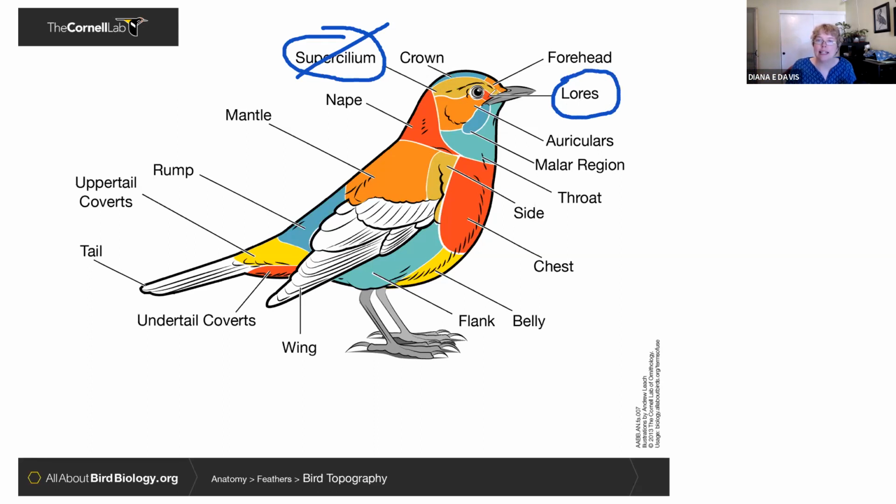This is the skin between the beak and the eye. The space between the beak and the eye.